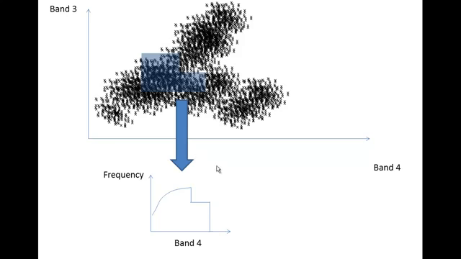So you probably cannot describe it using a probability density function, and therefore you introduce the term non-parametric feature, because its behavior cannot be described with a probability density function.